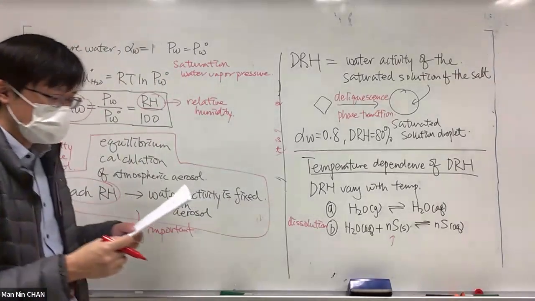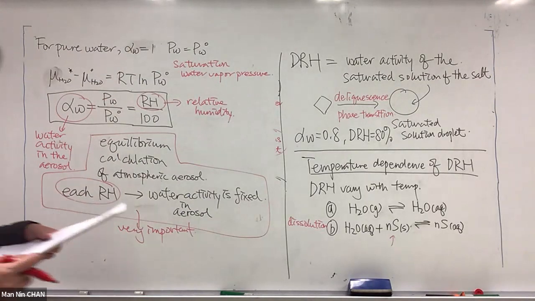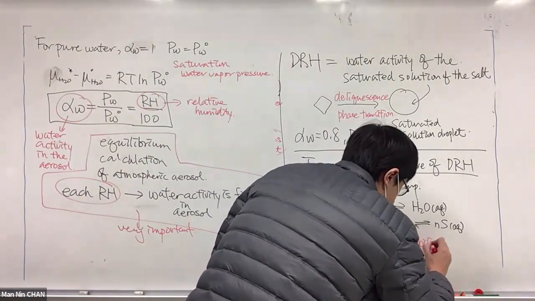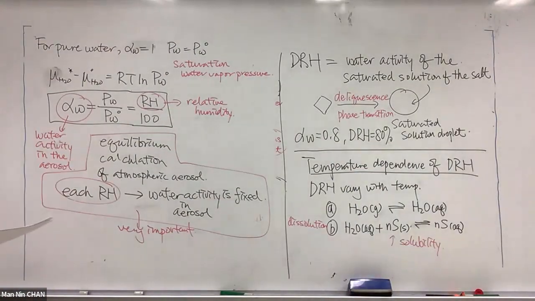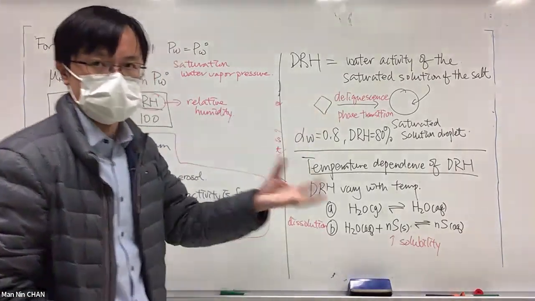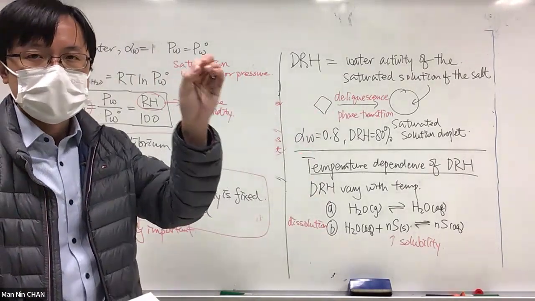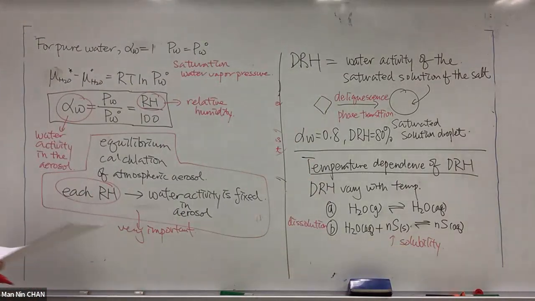So therefore, to form a saturated solution, this N will be the solubility. Solubility basically helps you to determine the composition at your saturation point. So this is called solubility.